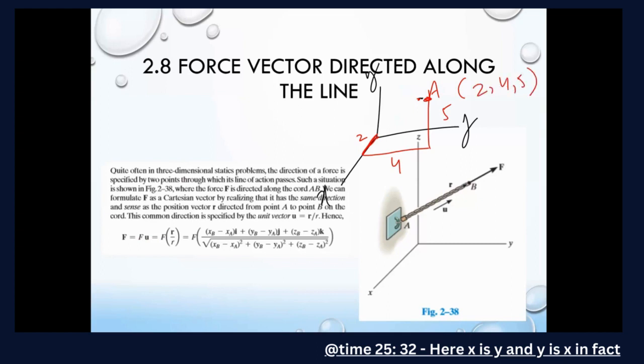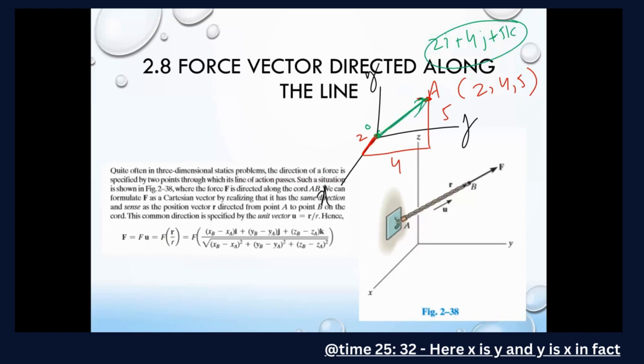And when I want to make a vector from 0 to A, I will write this vector as 2i plus 4j plus 5k. So using the coordinates of any point, I can make the position vector. Once I know this vector, I can also find the unit vector, which gives the direction.